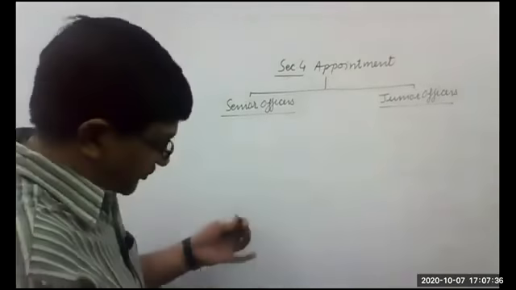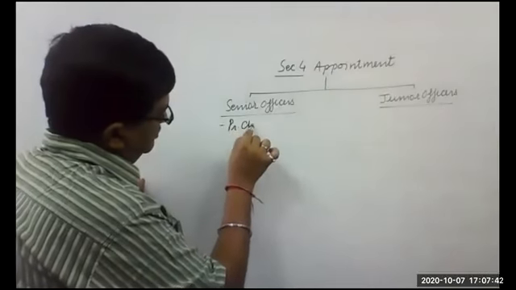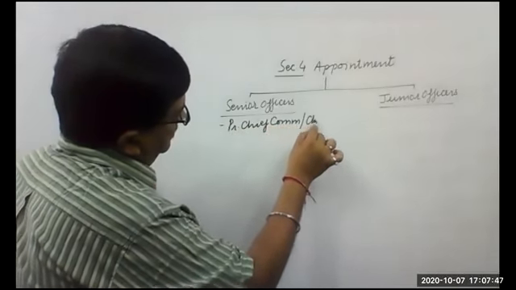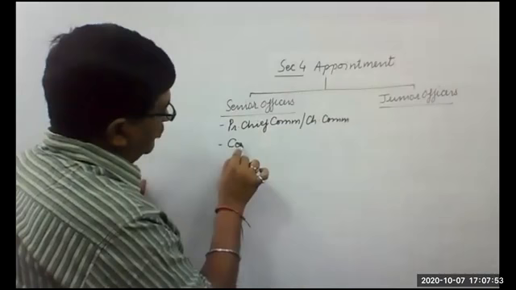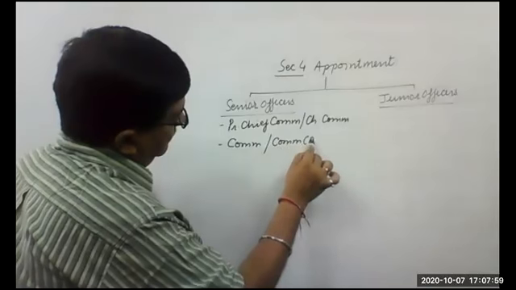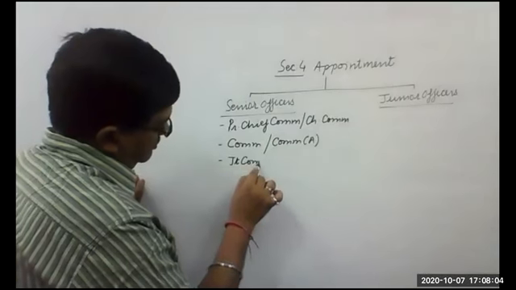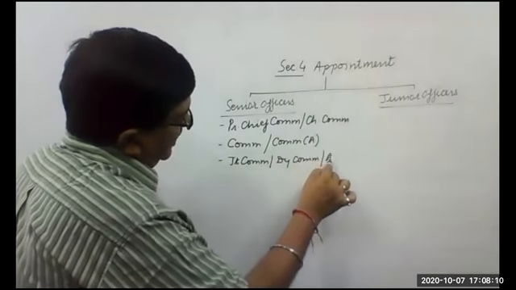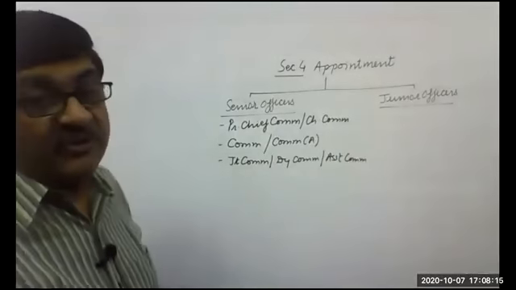What is the meaning of senior officer? This is principal chief commissioner, chief commissioner, commissioner, then commissioner appeals, joint commissioner, deputy commissioner, assistant commissioner. All these are referred to as senior officers.